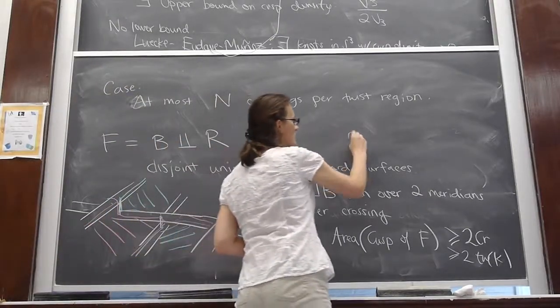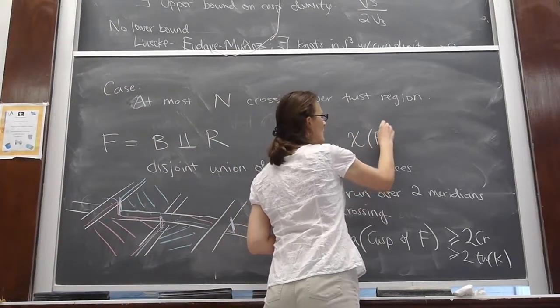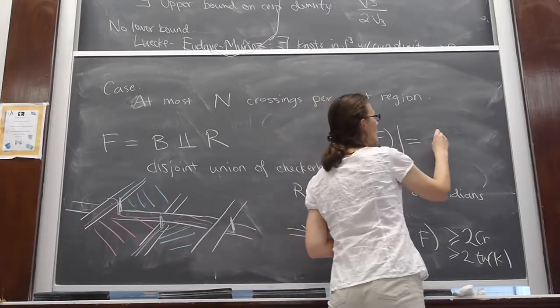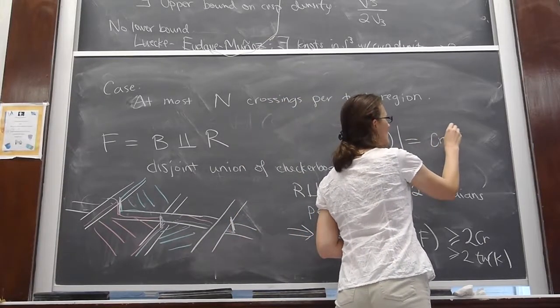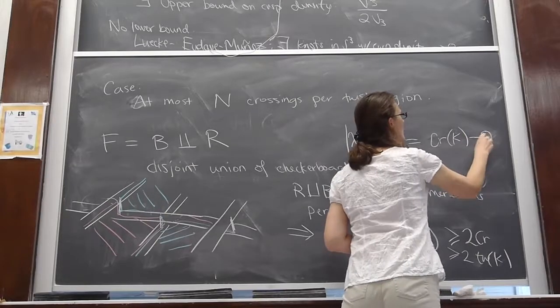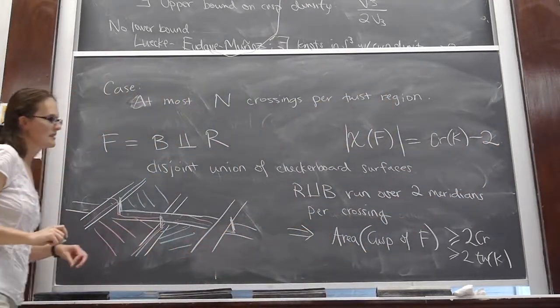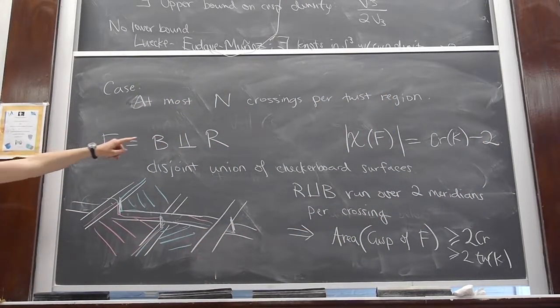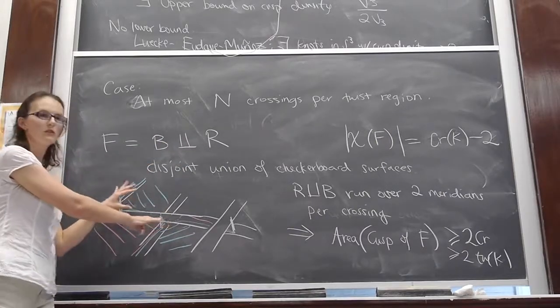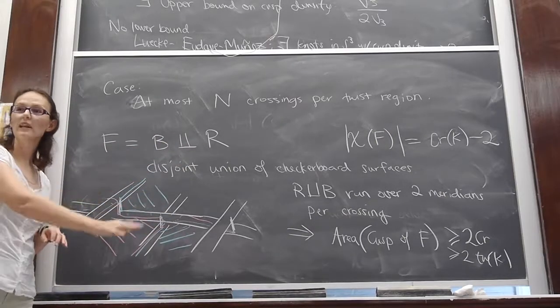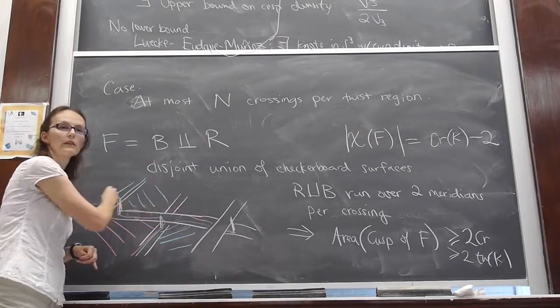On the other hand, we can find the area of these surfaces easily as well. So the Euler characteristic is, let's see, is that right? The Euler characteristic is the crossing number minus 2. Basically, the union of the two surfaces fills out the projection plane. It's going to have a hole for every crossing.